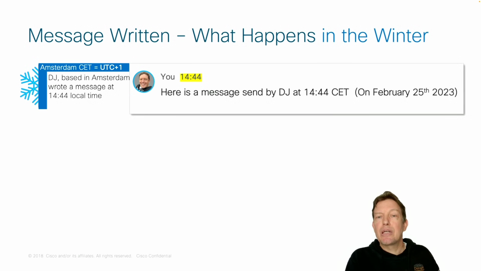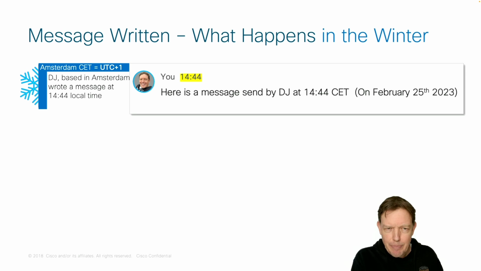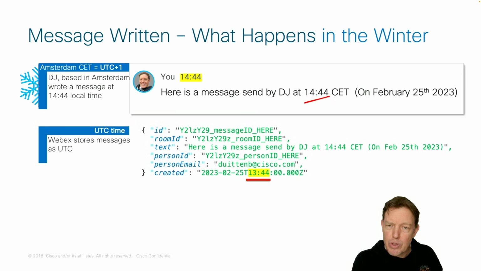And what happens if you look at the message in the Webex client? I write a message in the CET time zone in the winter, and in the message I put the actual time as text. What happens? The system stores this message as 1:44.